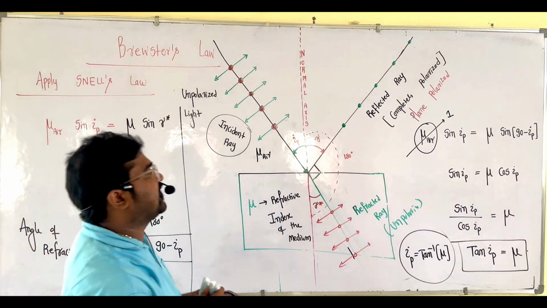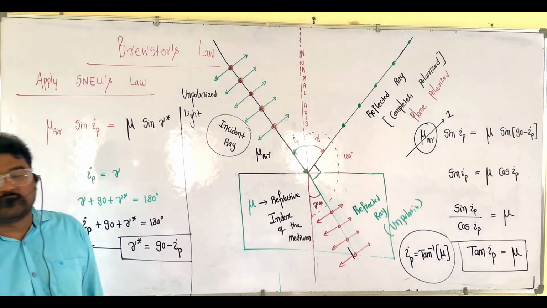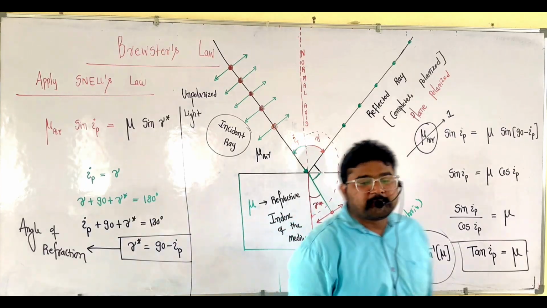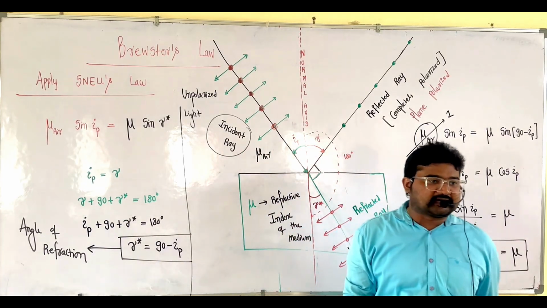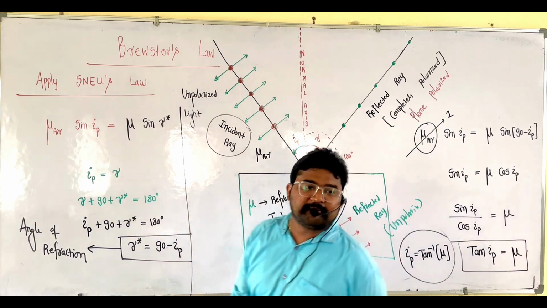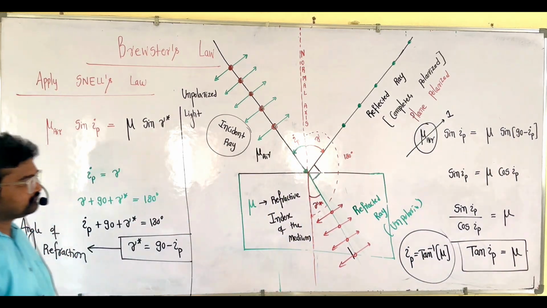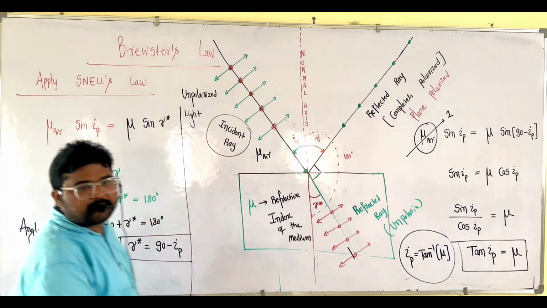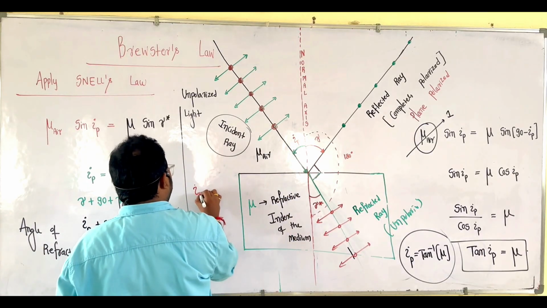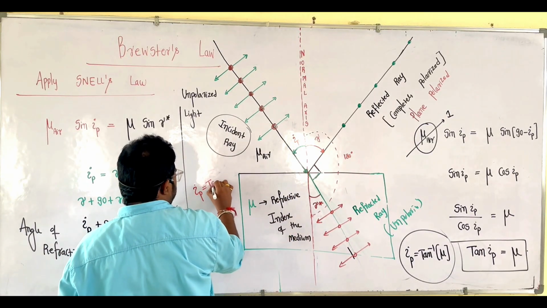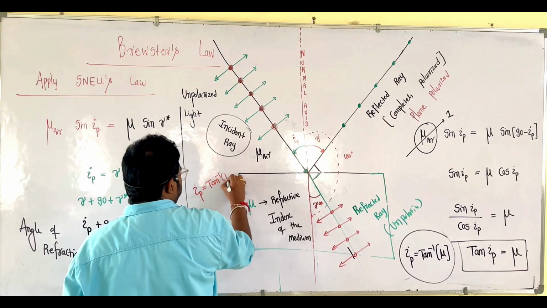This is the polarizing angle. In order to get polarized light from unpolarized light, the angle of incidence must be what? IP, depending on the medium. Clear? IP equals tan inverse of mu. Brewster's law, one of the popular equations, tan inverse of mu.